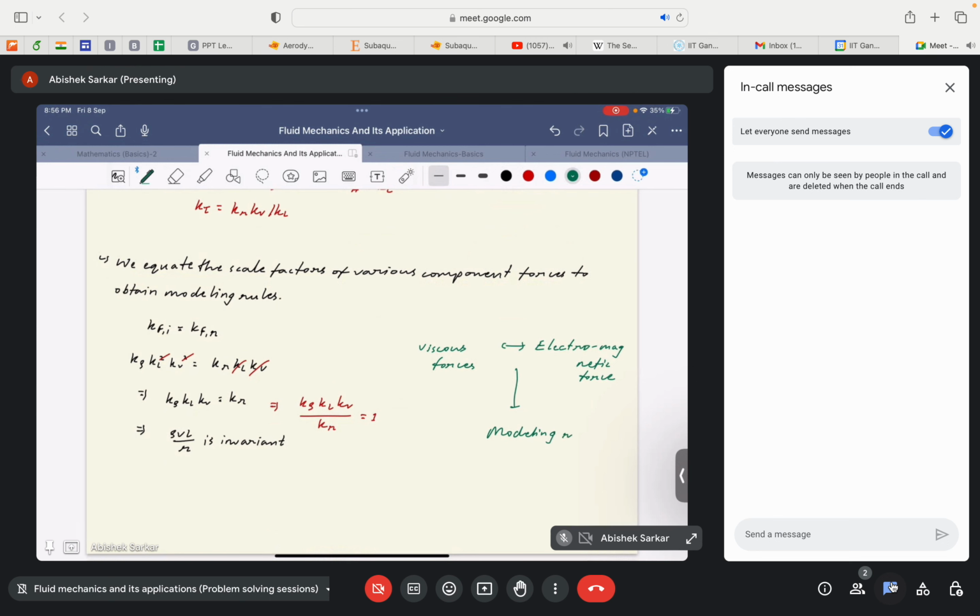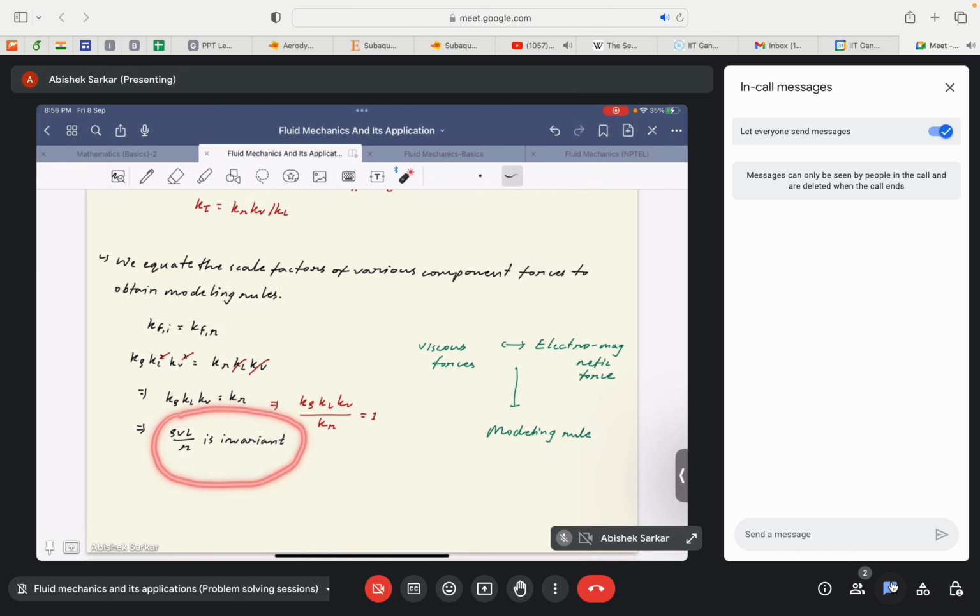Okay, so that's what I wanted to mention. Similarly, if we compare the inertia force and the viscous forces in the case of a particular free flow problem, and these are the two forces that are dominant, then the modeling rule that we get is actually a very beautiful result.